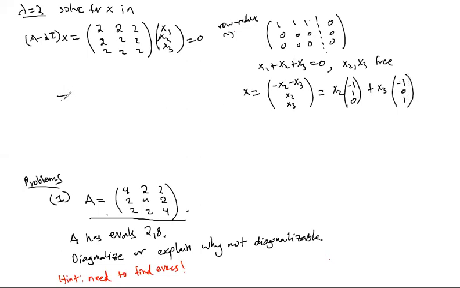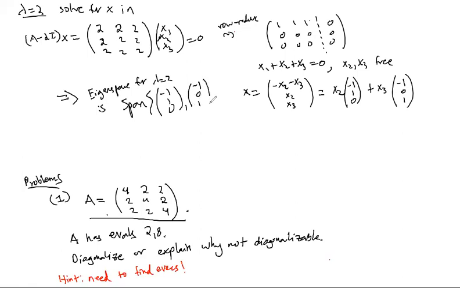And so we find that the eigenspace for lambda equals 2 is the span of these two vectors. Okay, and now let's do lambda equals 8.